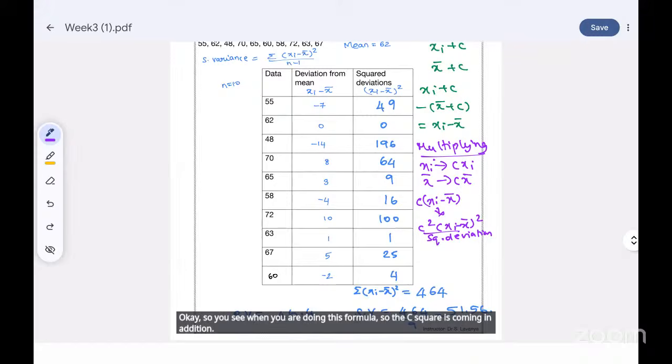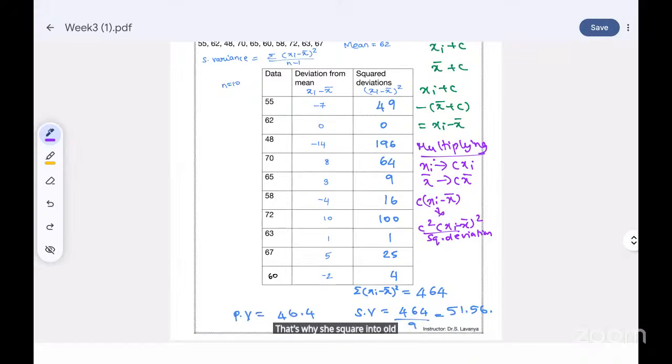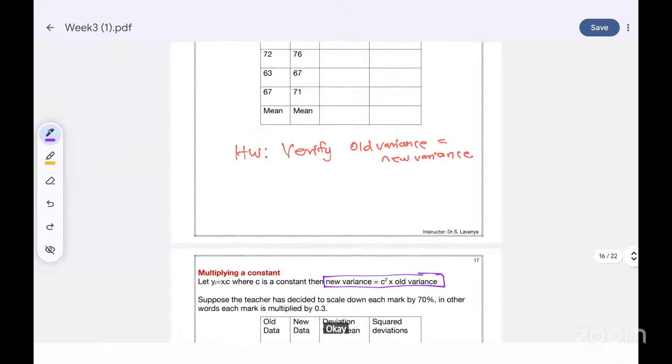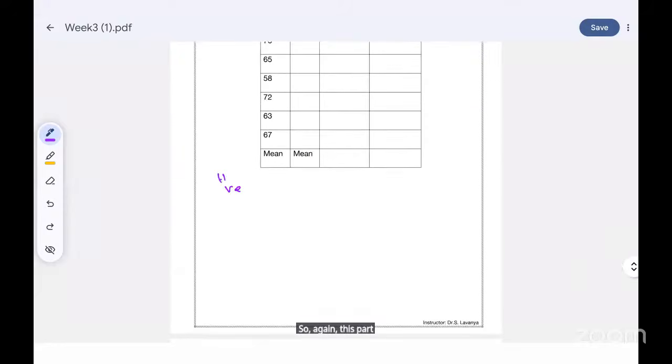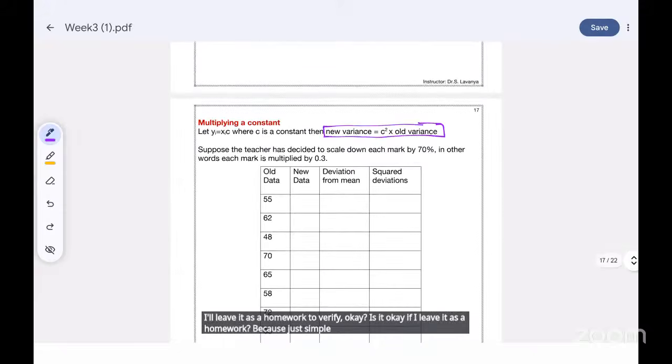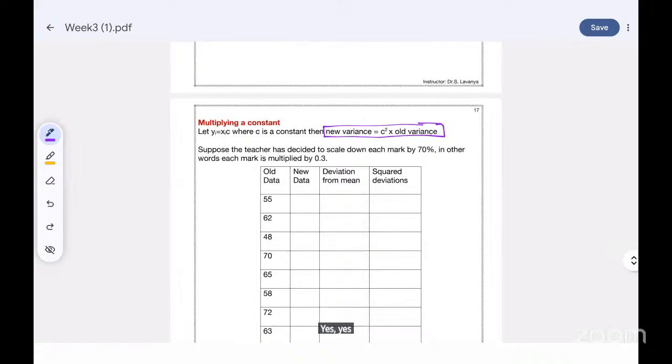That's why it is c square into old variance. Is that clear? Yes, ma'am. Again, I'll leave this as homework to verify, because it's just a simple calculation. You can try it, right?